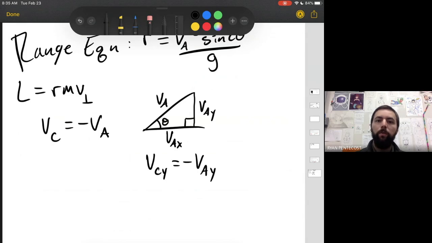It's the same as if you threw it up and came right back down. The projectile only knows gravity in the Y direction. So VC in the Y equals negative VA in the Y.